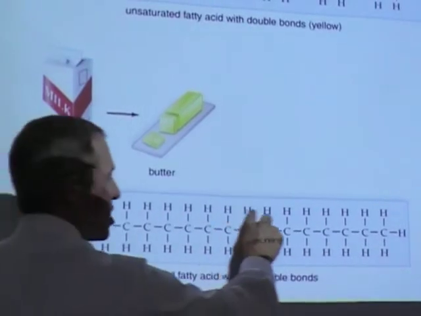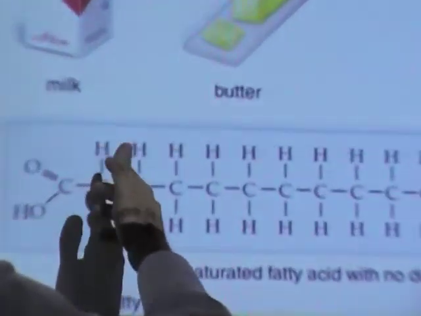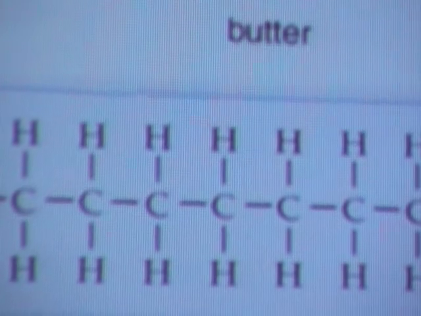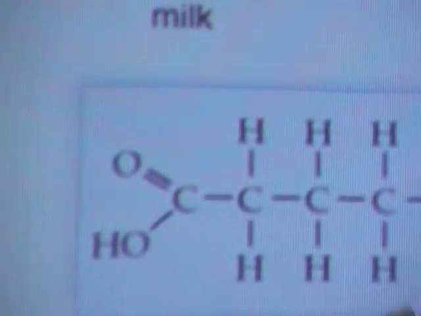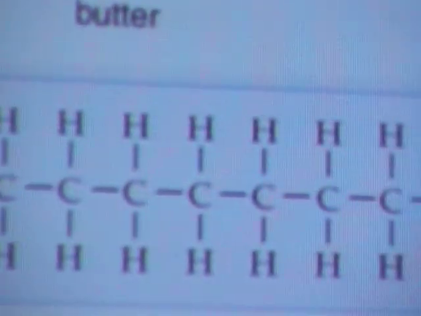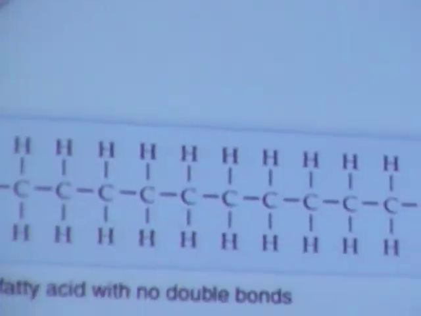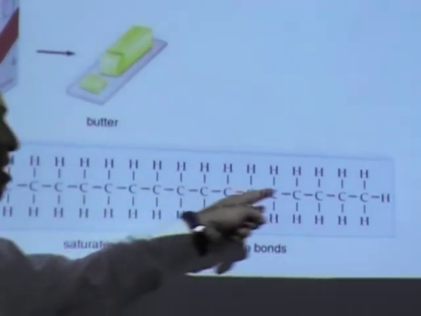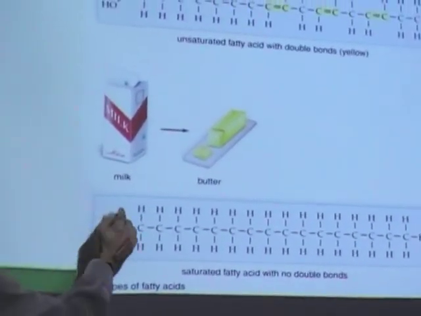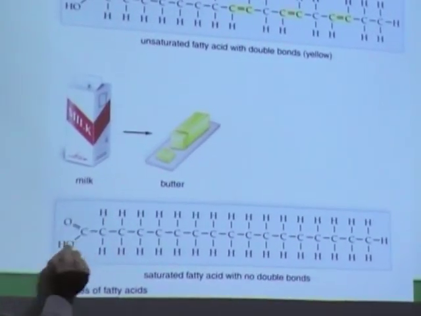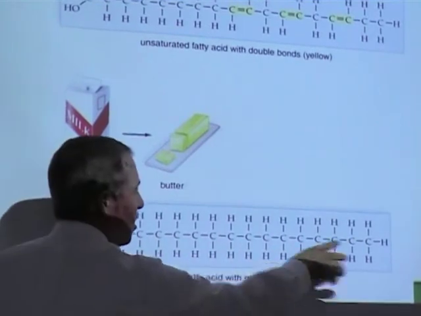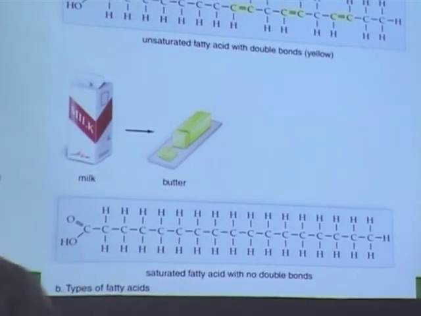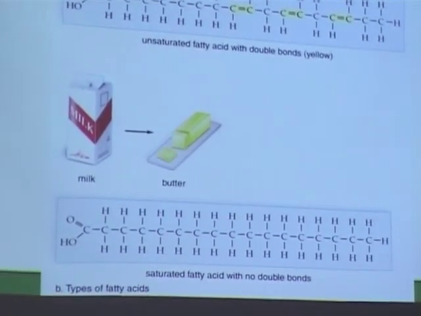As many hydrogens as it is possible to attach to these carbons are attached. So we say that the carbon molecule is saturated with hydrogens. Saturated means full. Don't worry about this last acid group right here. Every other one is full of hydrogen, so that's a saturated fatty acid. And the top, everyone's full too.